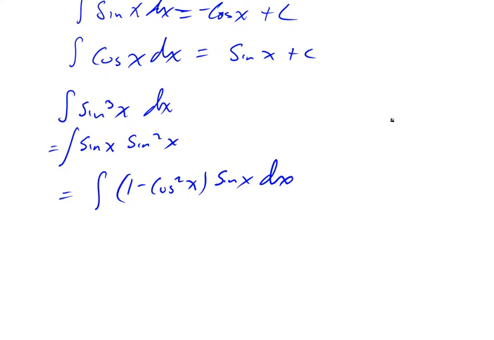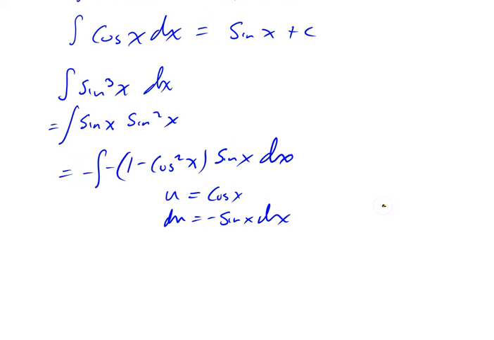Notice now I have a really nice u substitution because I've got cosines and sines together. If I let u equal the cosine of x, then du is minus sine x dx. I'm missing a minus sign, so let me throw a times minus 1 in there, and a times minus 1 on the outside. The net is times 1, so we didn't change the value. So I've got a minus the integral of, the minus sine x dx is the du.